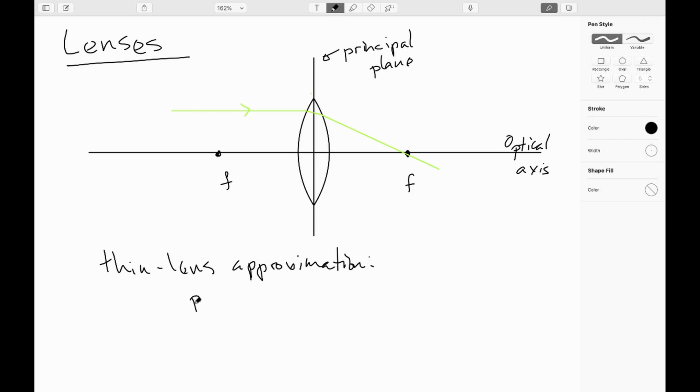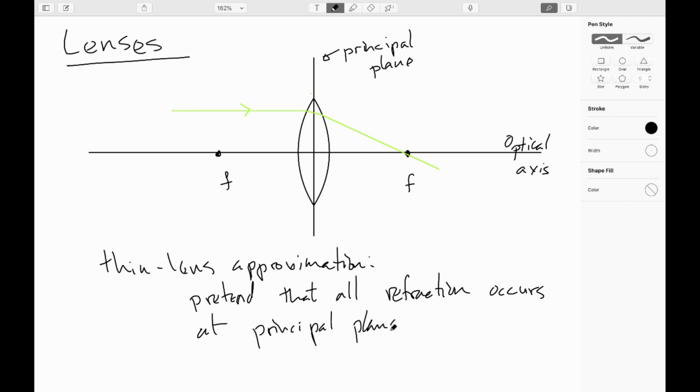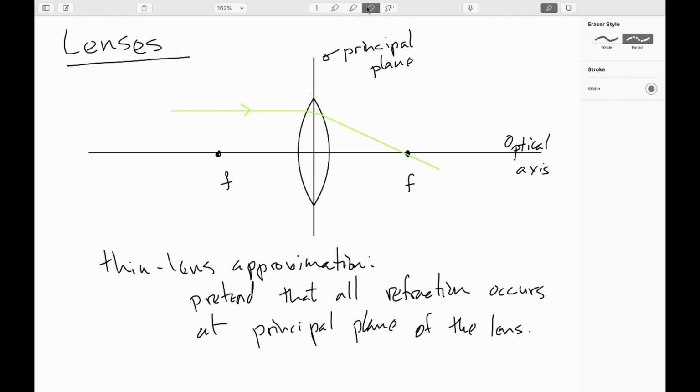This says that you can pretend that all refraction occurs at what's called the principal plane of the lens. And for most practical lenses, this is an excellent approximation, and there's nothing wrong with it. So we'll go ahead and do that pretense ourselves.